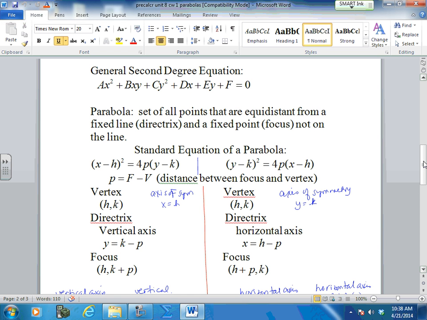Now, what you probably remember is a vertex equation. When we do your vertex equation, we separate this a little bit differently. We're going to pull out of that general equation a standard equation of your parabola.